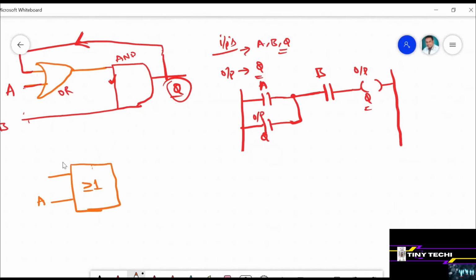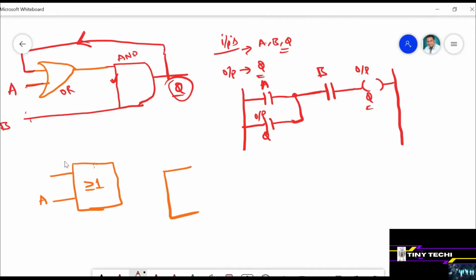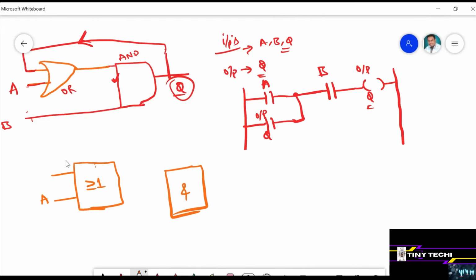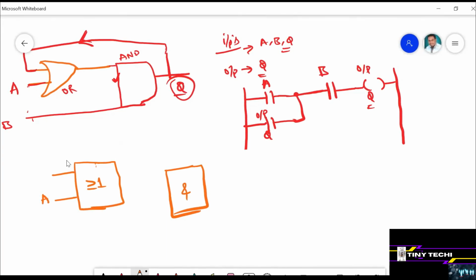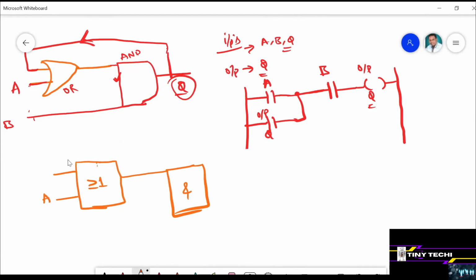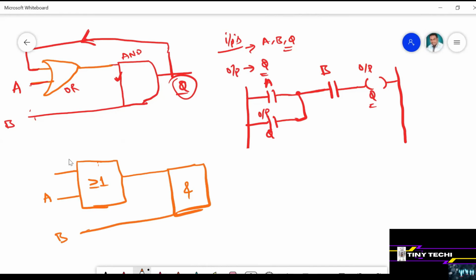We'll leave that for some time and implement it later. In the same manner, for the AND gate I can take a block here and write AND. The output of the OR gate as well as B are the inputs for the AND gate.